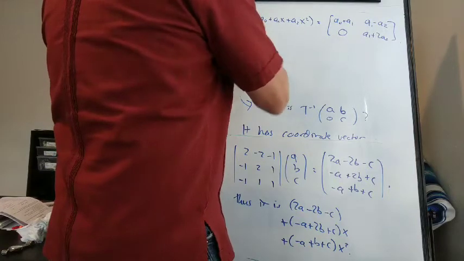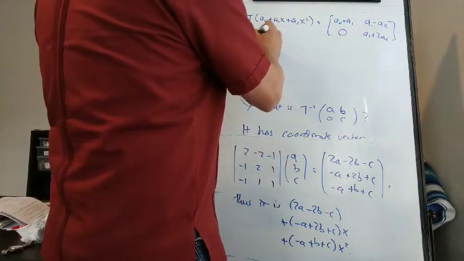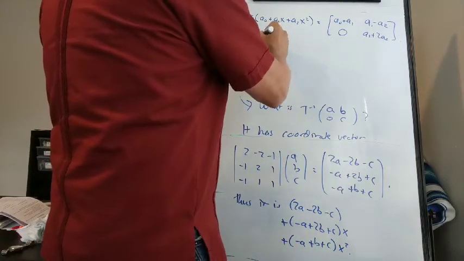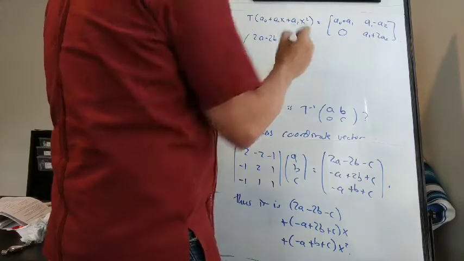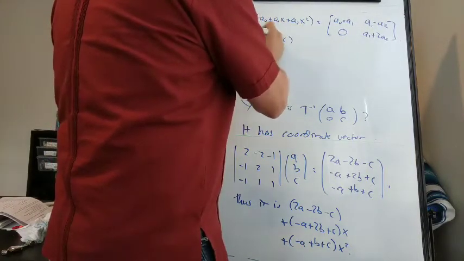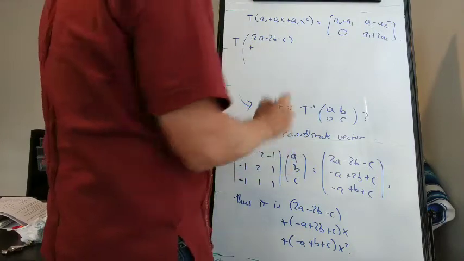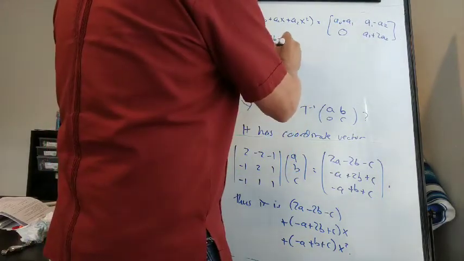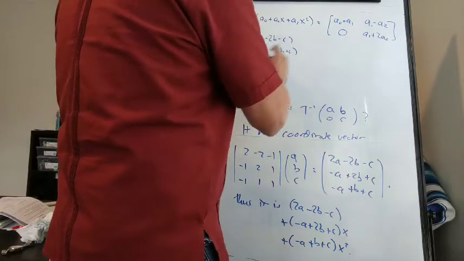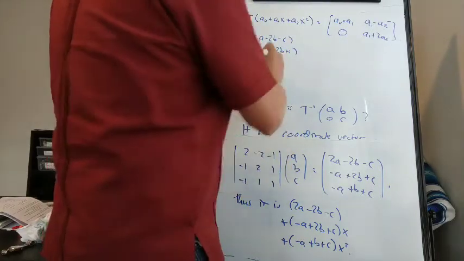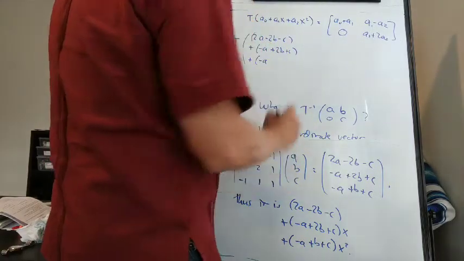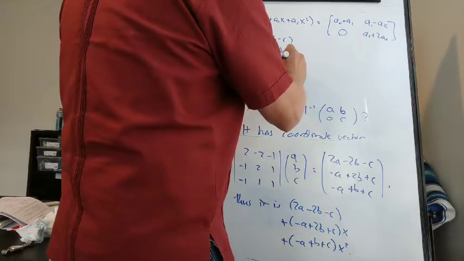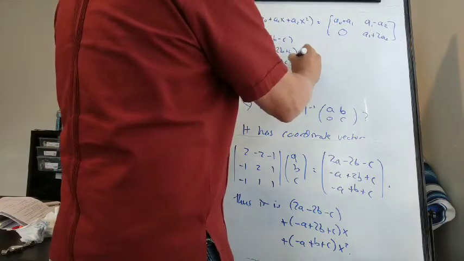So T of this polynomial, 2A minus 2B minus C, plus minus A plus 2B plus C times x, plus negative A plus B plus C times x squared.